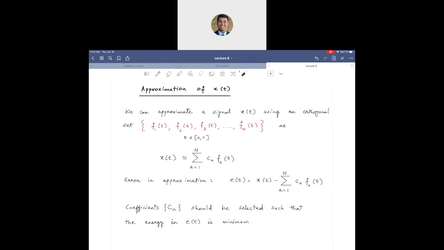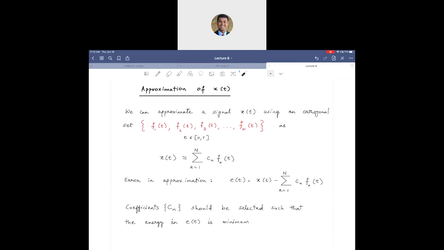Now let's take a look at how we break up any periodic input signal x of t into that orthogonal set of functions. What I mean by that is I'm going to project x of t onto each of those complex exponentials, so that after I project onto all of them, I simply add all those projections to get back my x of t.